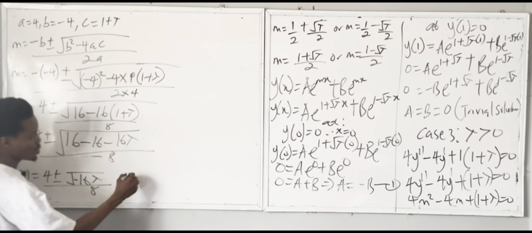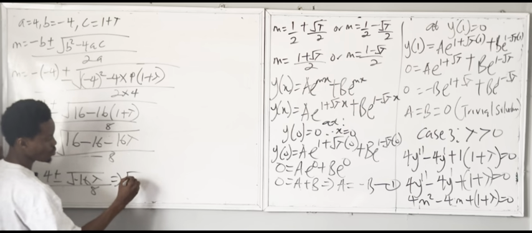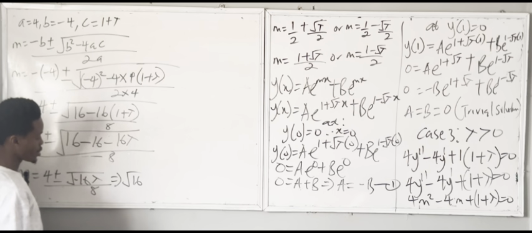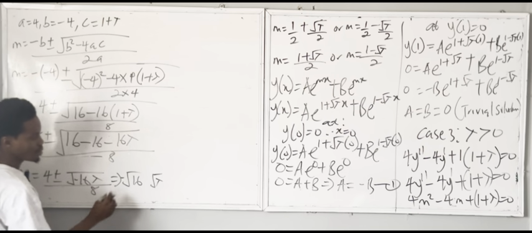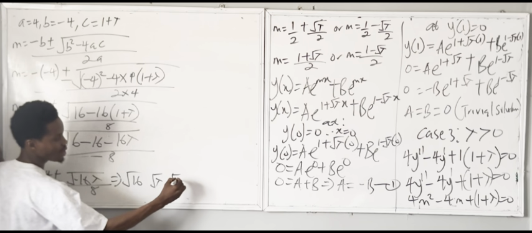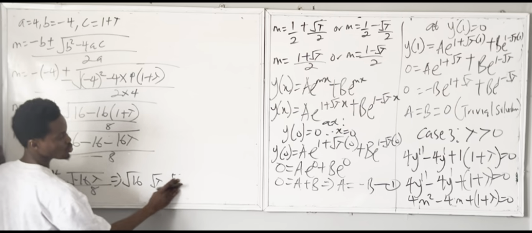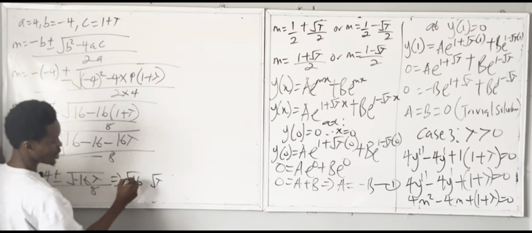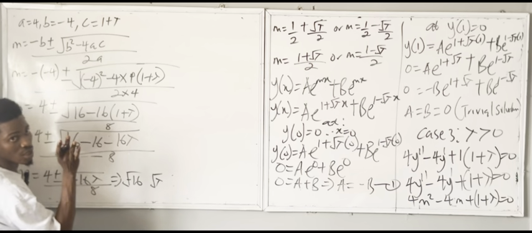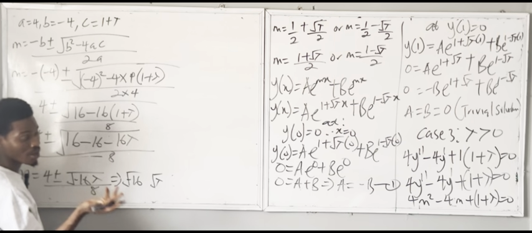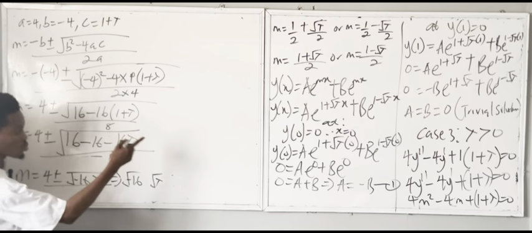I can write this as square root of 16, then square root of lambda, then i. Whenever I have square root of minus 16, I'm going to have 4i, that is, an imaginary value, so I'm going to have 4i with root lambda.